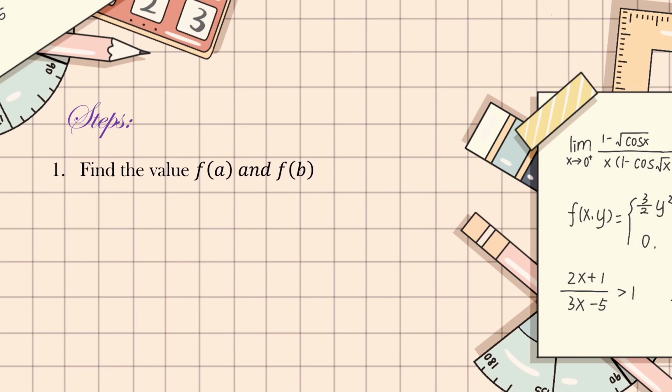Both of these values must equal 0. The second step is to differentiate f(x), and after getting f prime x, change it to f prime c. The last step is to set f prime c equal to 0. Then we get the value of c that is between the value of a and b.